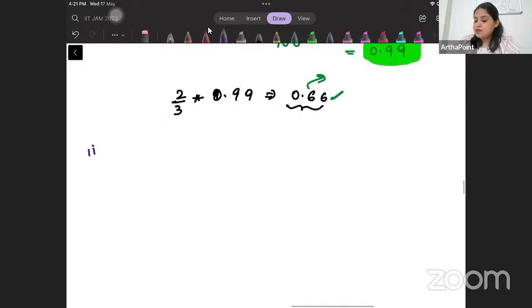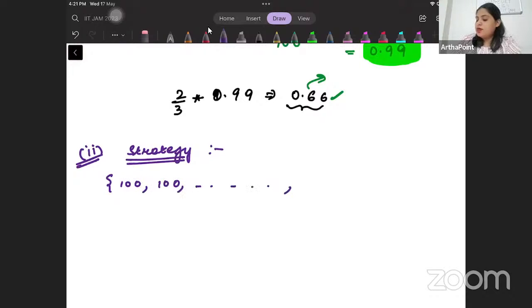Second part. Let's say that the strategies are 100, 100, 100 till 100.